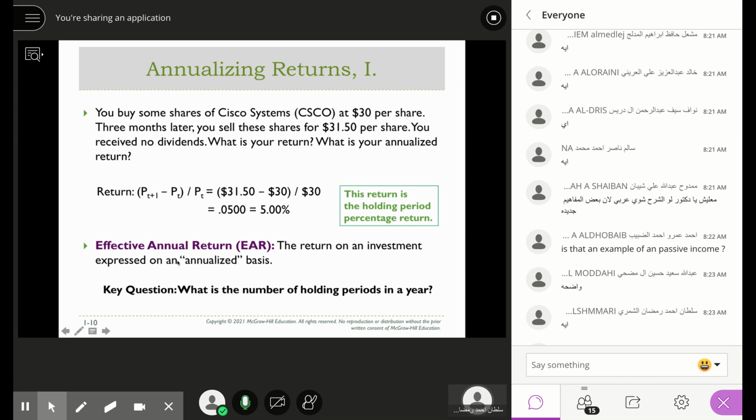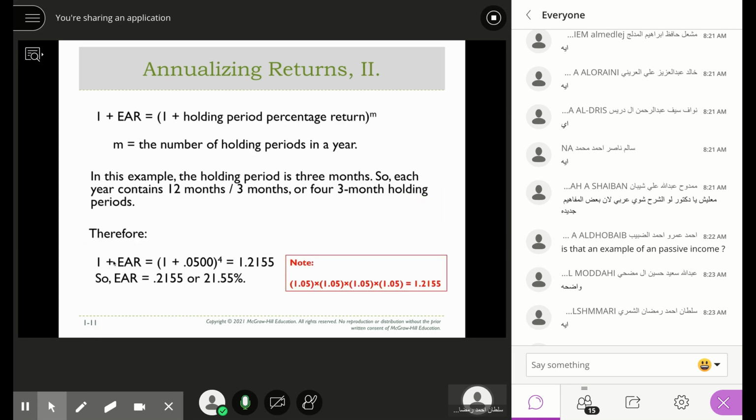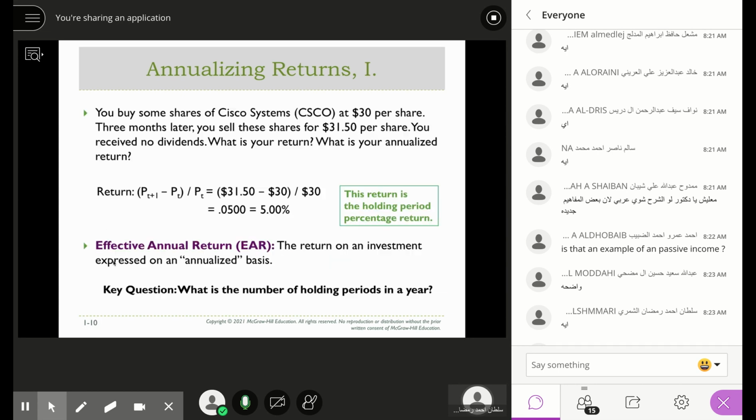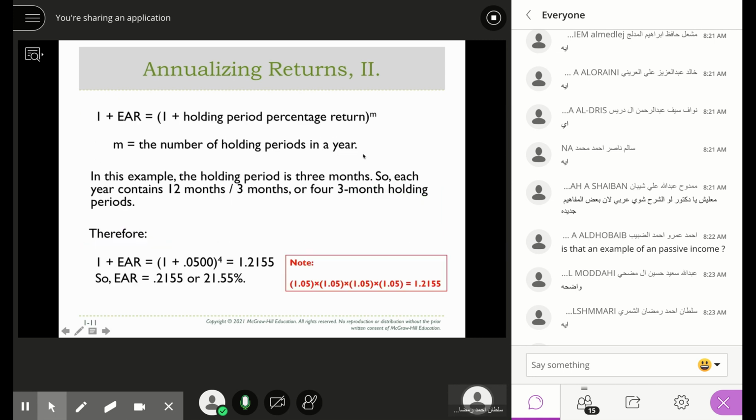So the effective annual return is the return on an investment expressed on an annualized basis. So we did solve this part of the question. Let's see how we can solve the other part of the question, which is, what is your annualized return?